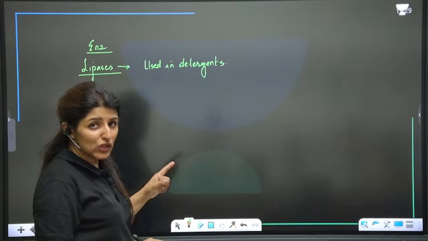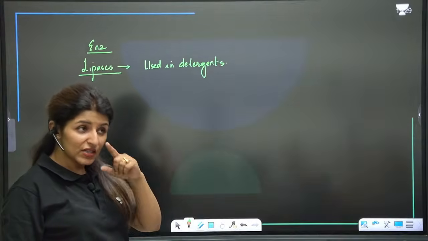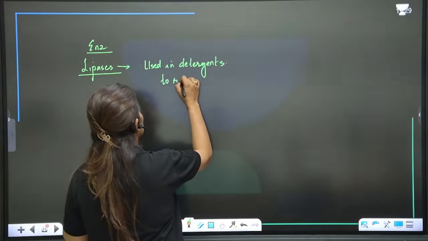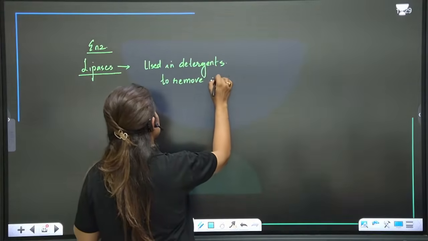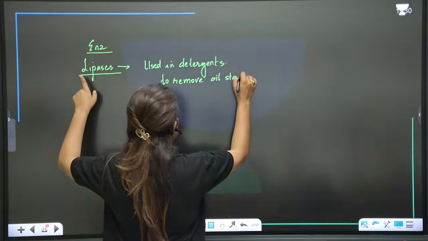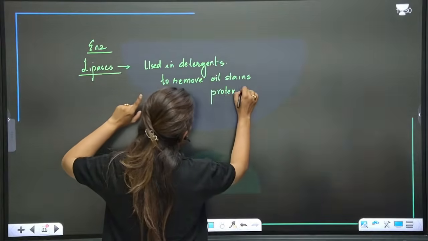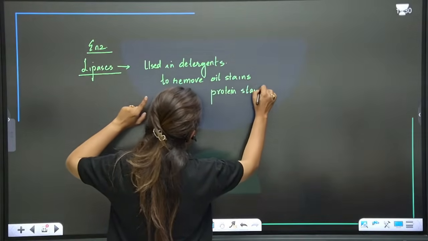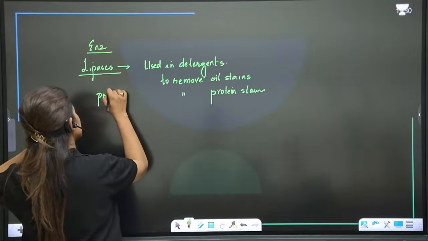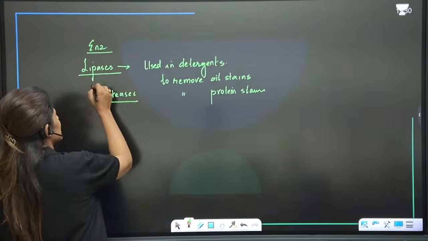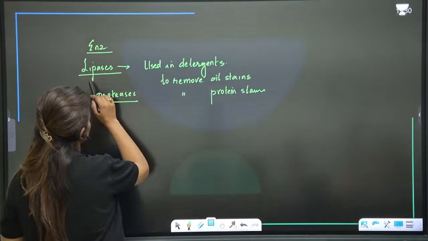NCERT has just mentioned lipases, but actually detergents contain proteases also, because to remove oil stains, lipases are working, and to remove protein stains, we are using proteases. So actually it is both these enzymes which are added in the detergents, but NCERT has not mentioned the proteases.